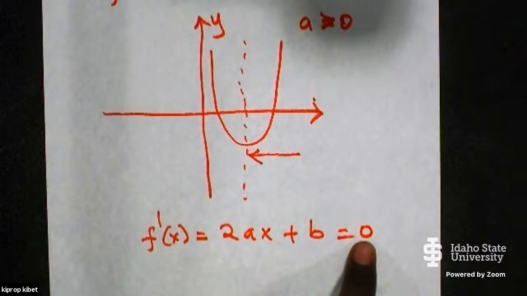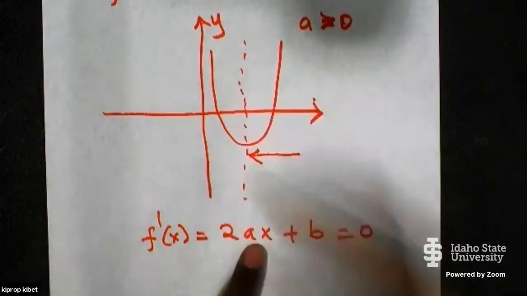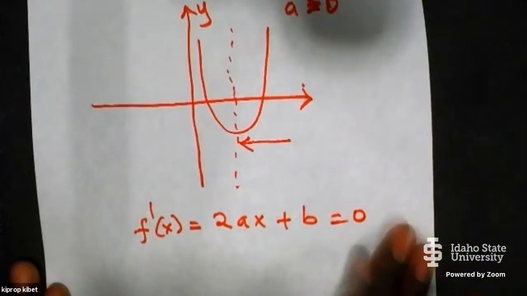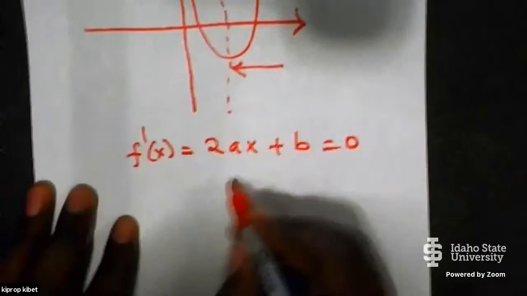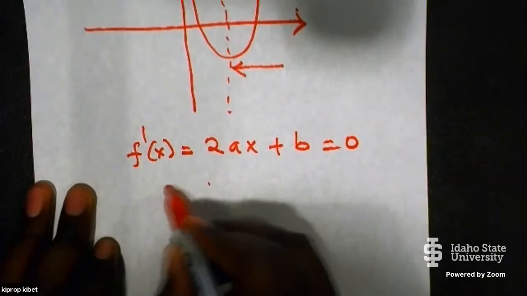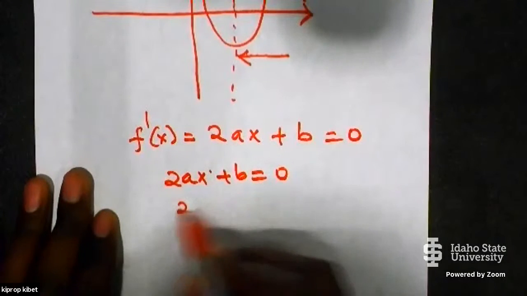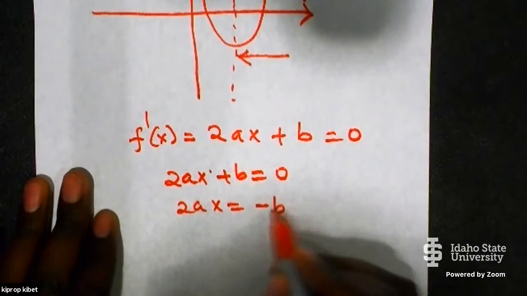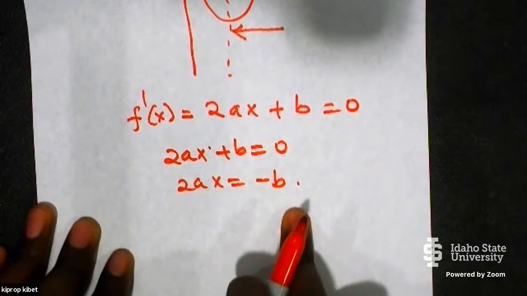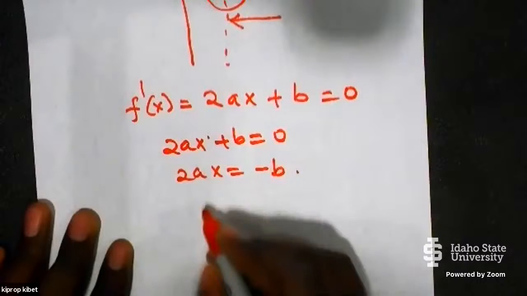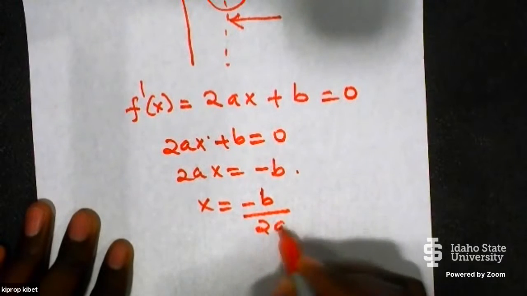Now we need to get the value of x at this point, so we take the other values to the other side. 2ax plus b equals 0, so 2ax equals minus b. To make x the subject, you divide everywhere by 2a. So x equals minus b all over 2a.